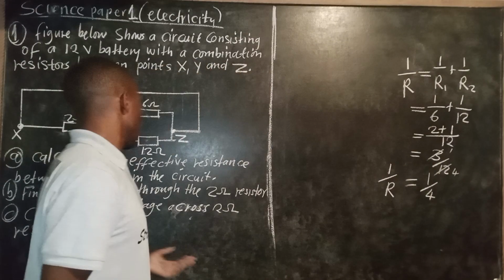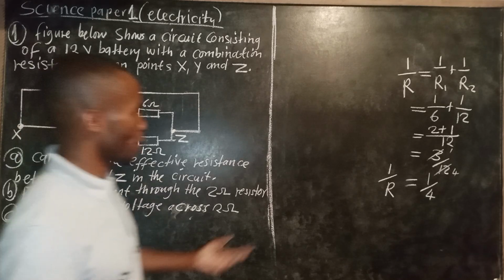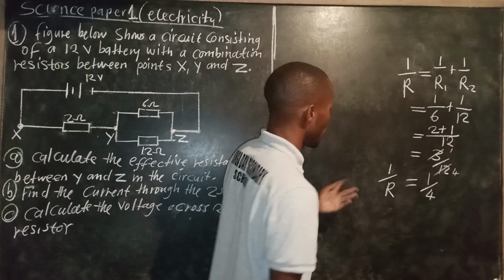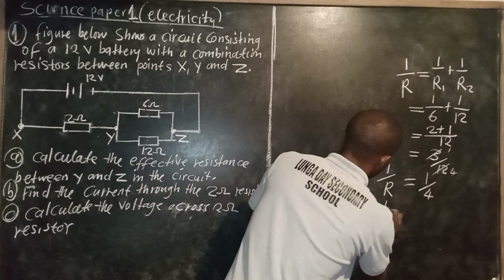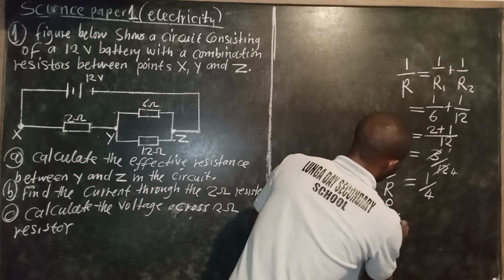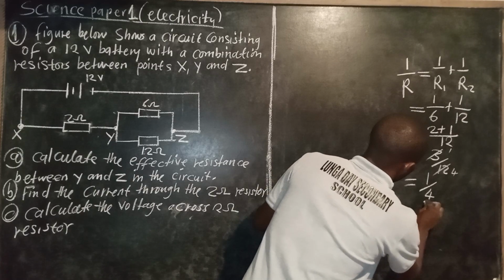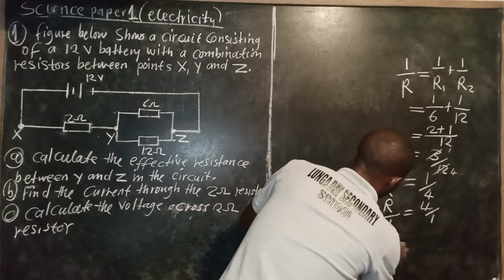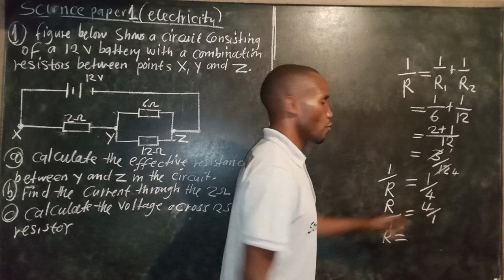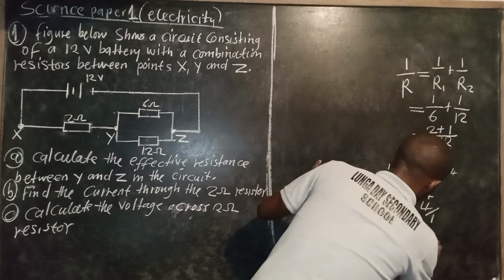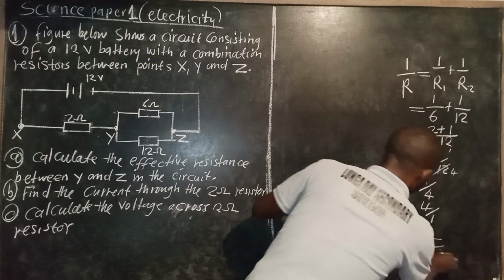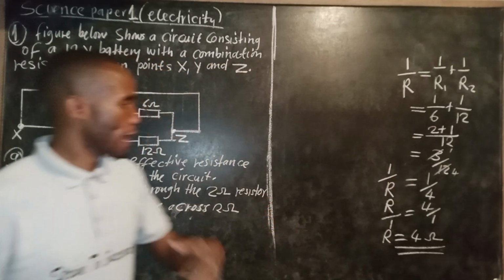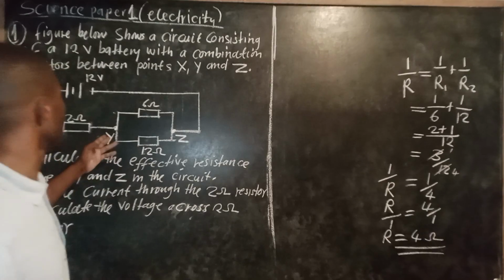So now from there, since the question is resistance, we are just going to reciprocate directly. Just say now, R over 1 is equal to 4 over 1. So 1 into R is R, equal to 1 into 4 is 4 ohms.